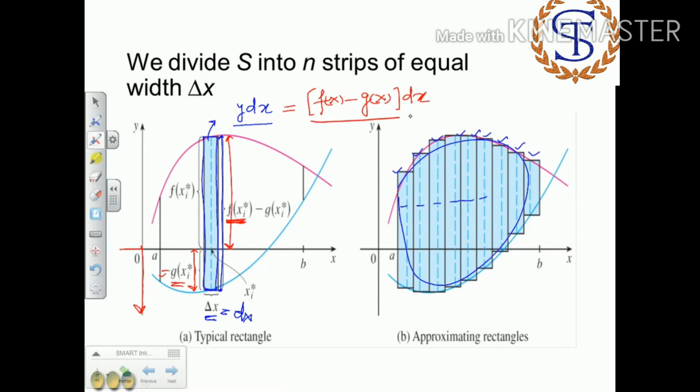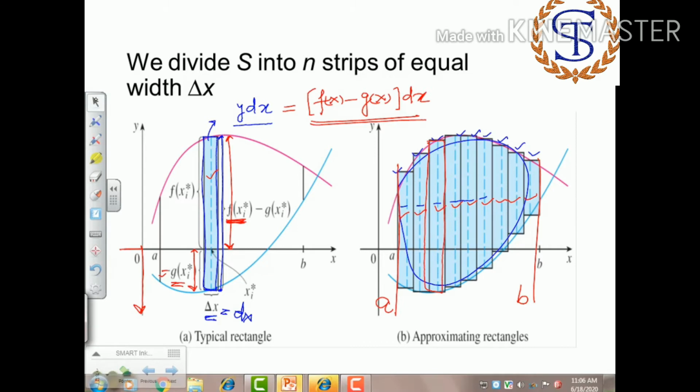Now this is the area of one rectangular strip, and we have to find the area of these multiple rectangular strips. It means we have to integrate one rectangular strip from limit a to b.